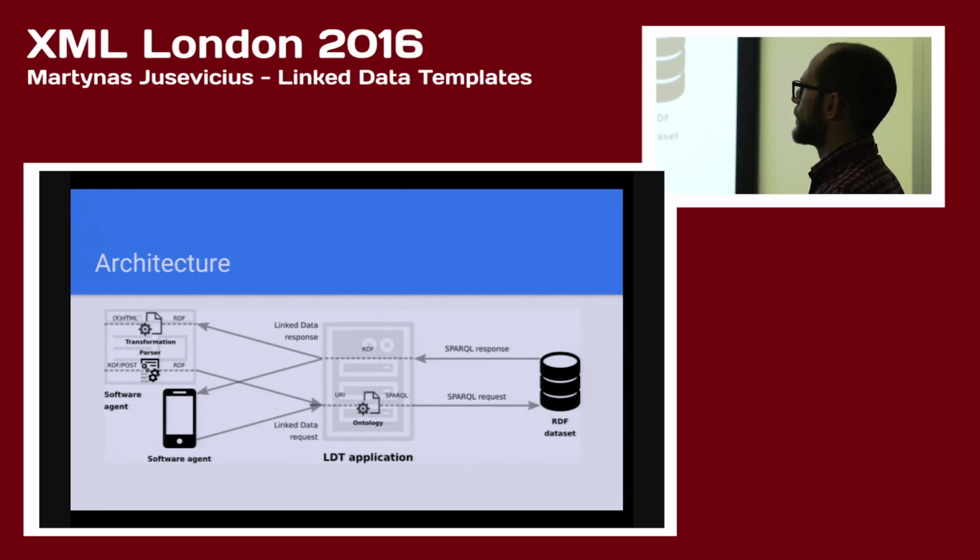And then in turn, if they want to display a website for the users, in other words HTML, there's an extra step, which is a transformation of RDF/XML to XHTML. And then they can read back the data from HTML forms using RDF/POST and send it back to the application.